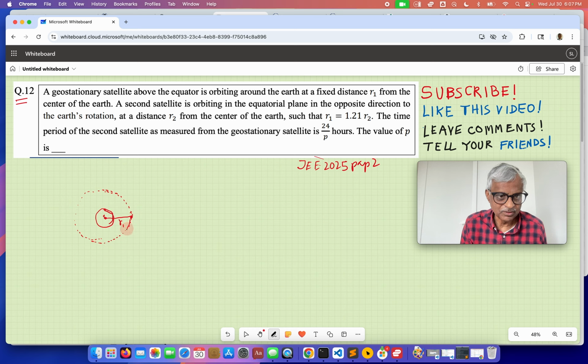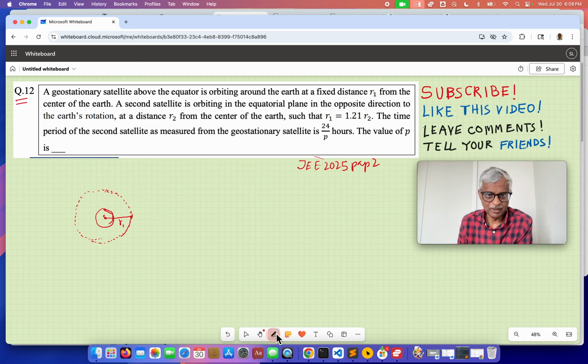So it's this. And then, in the opposite direction to the Earth's rotation, it's R2 from the center.